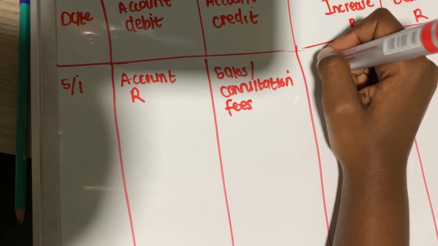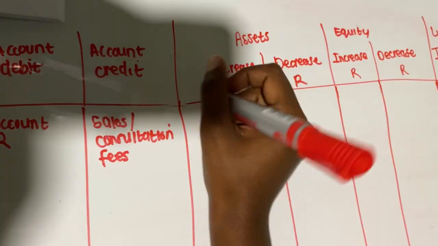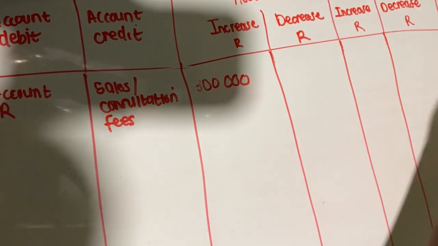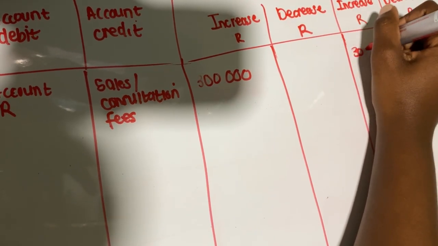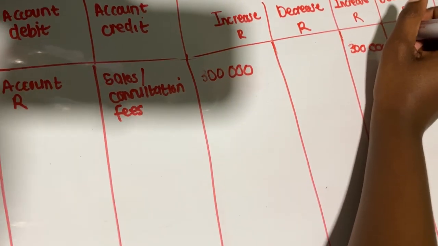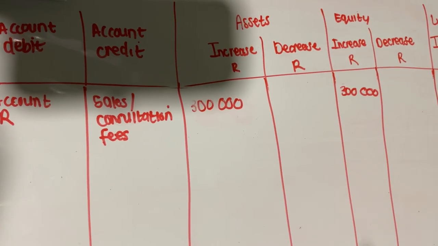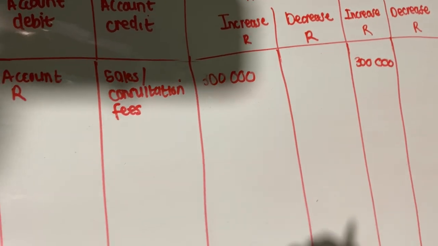And then asset increases, remember. Asset increases because account receivable is a current asset. And then also owner's equity increases because the sales increase owner's equity, like sales are seen as an income.